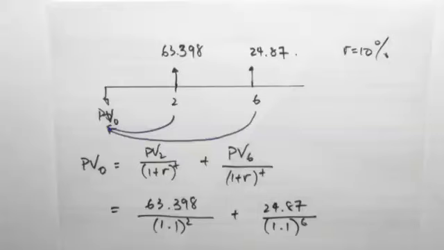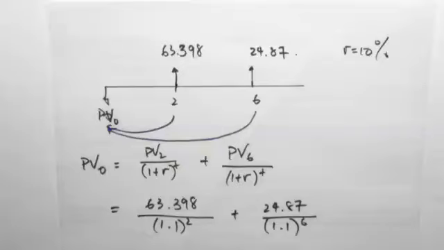So here these two are now future values with respect to time 0. So all we do is just discount each of them by the time period to get the present value at time 0. So the present value at 2 was $63.398. We divide that by 1.1 squared because it's 2 periods, and we divide the 24.87 by 1.1 to the 6 because that's 6 periods from time 0.